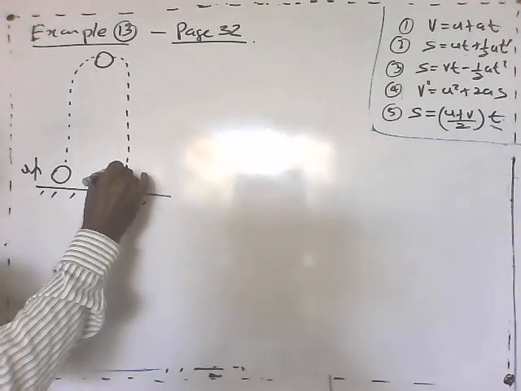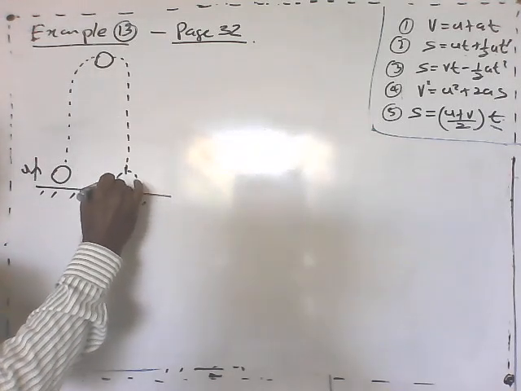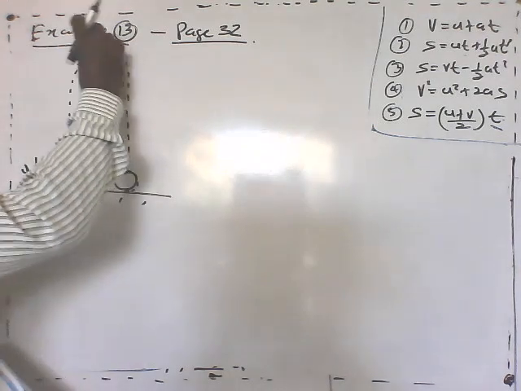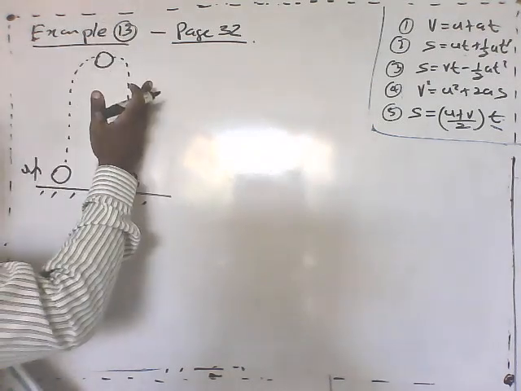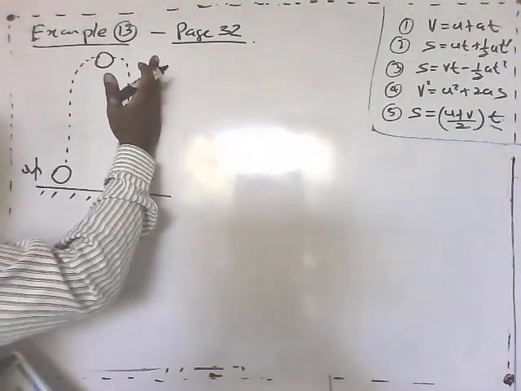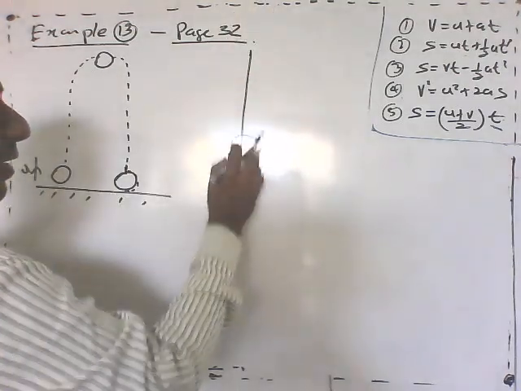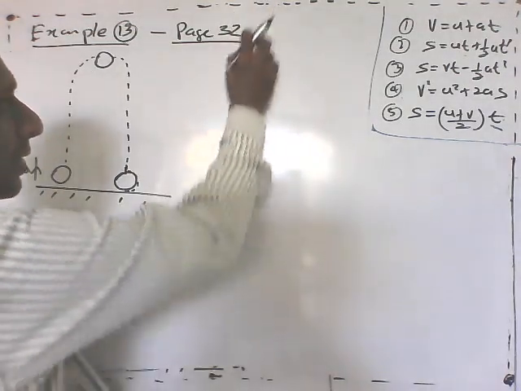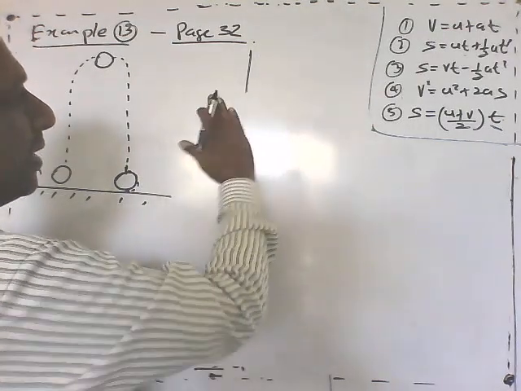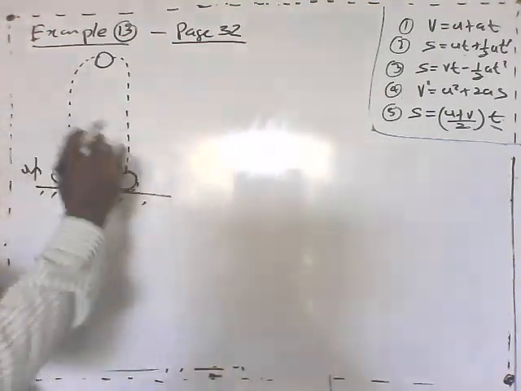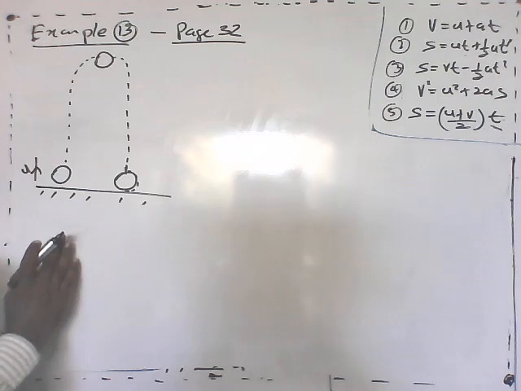Now children, I forgot to tell you, although the motion is shown separately, the upward motion and the downward motion happen on the same vertical line. He goes up and comes down. He doesn't go like a projectile, but we separate the upward and downward motion for the equations.